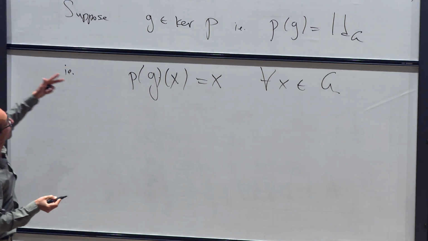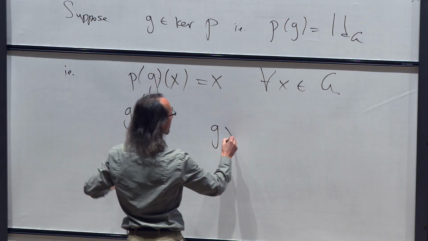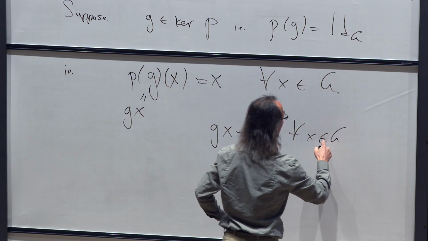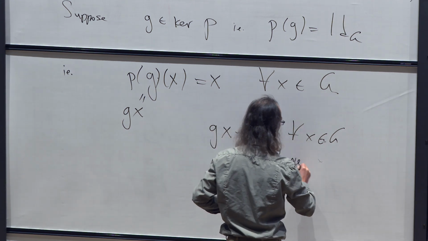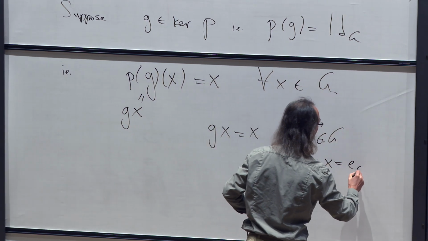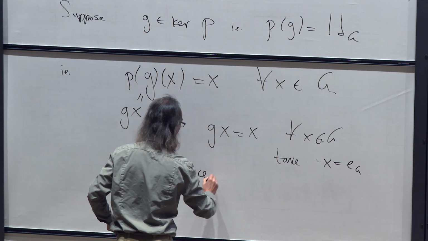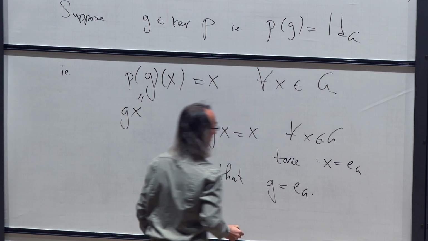That means to be identity, but this is just gx, right? So we need that gx is equal to x for any x in G. Well, you can just cancel x, or you can just take x to be the identity and deduce that g is the identity, right?